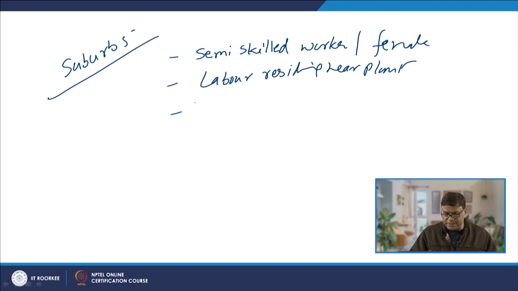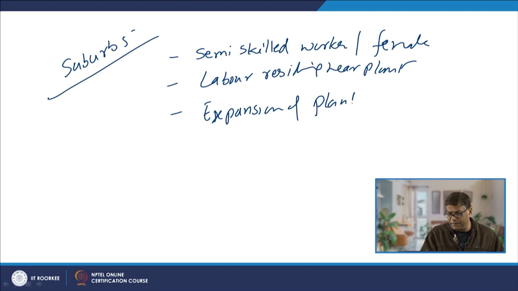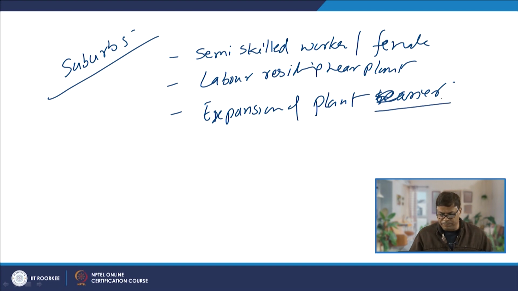In these cases, since land is relatively easily available nearby, expansion of the plant becomes easier. So, easier expansion of the plant is possible when it is located in the suburbs.